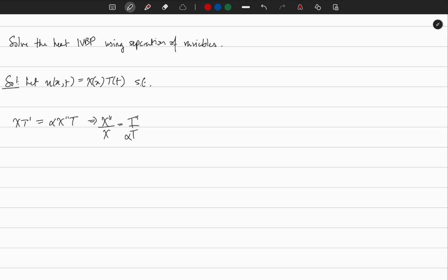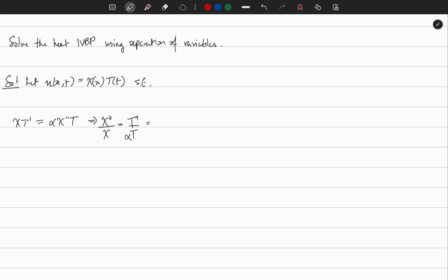And now look, alpha is just a constant, a proportionality constant of the heat equation, but on the left-hand side we only have x's. On the right-hand side, we only have t's. And now these are both rates. Since they are independent of one another, the only way they can be equal is if they're both constants.